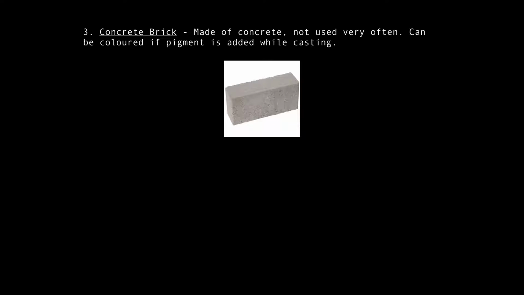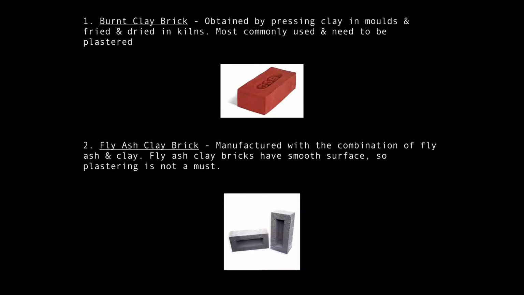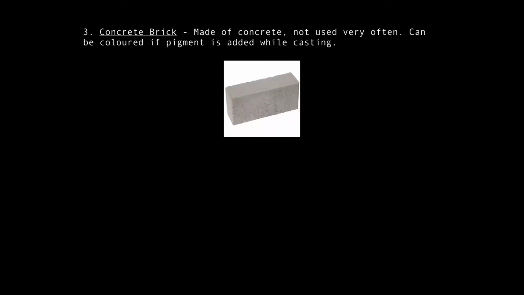Those bricks are quite in demand these days, but the actual concrete brick is not used so much. So the most commonly used brick is our burnt clay brick. On the basis of raw materials we can largely see these three types of bricks being used. Then the other classification of bricks can be done based on quality.